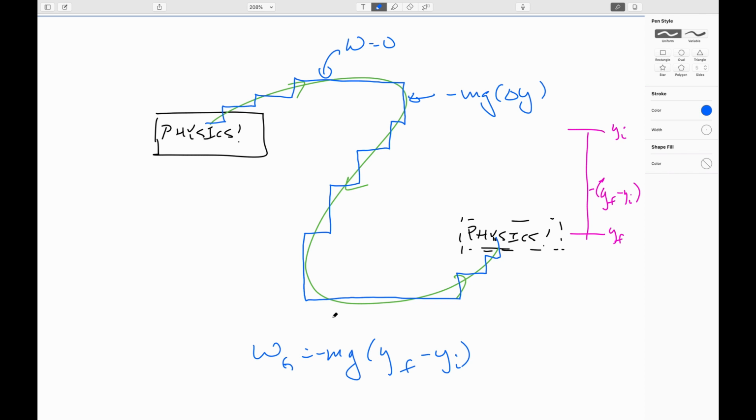So that's how you do it. You can convince yourself it won't matter what arbitrary path you take. You'll always end up getting the same result. The horizontal pieces will always be 0. The vertical pieces will always add up to minus mg times (y final minus y initial).